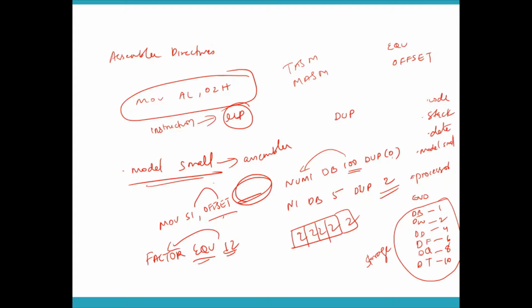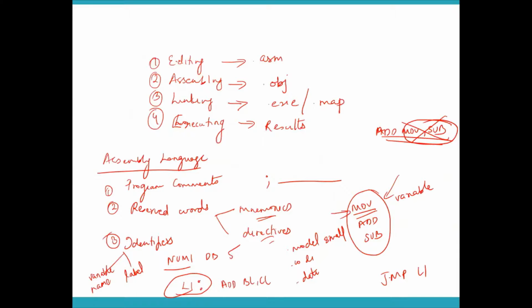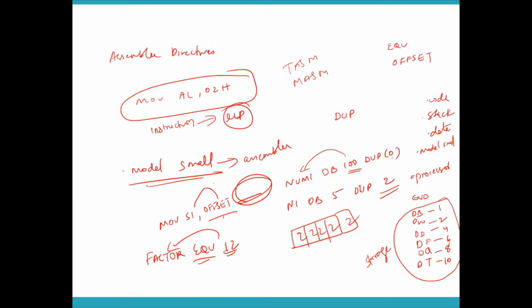So what all elements can there be in programs? You may find comments, reserve words, identifiers, assembler directives, and instructions in the program. That means you may find statements also. So the last category of entity which you may use when writing a program is statements.